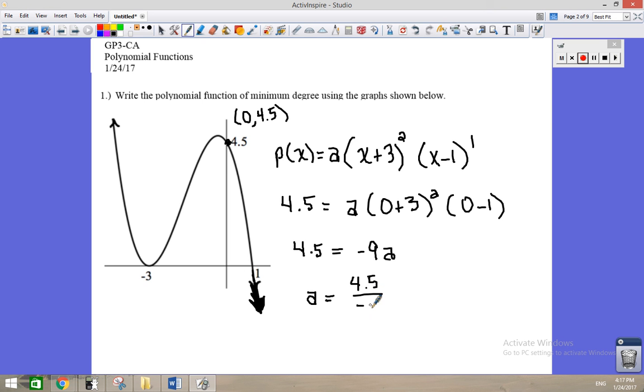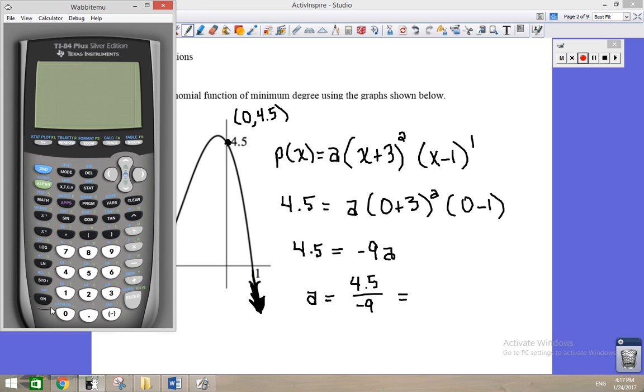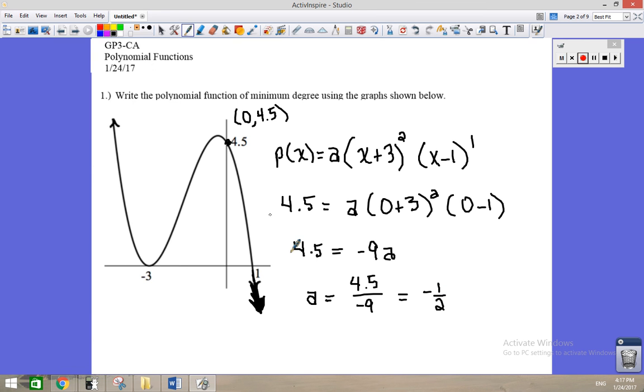Let's go to the calculator. 4.5 divided by -9, and I'm getting -1/2. 0.5 is the same as 1/2. So my final answer here is p of x equals -1/2 times x plus 3 quantity squared times x minus 1.